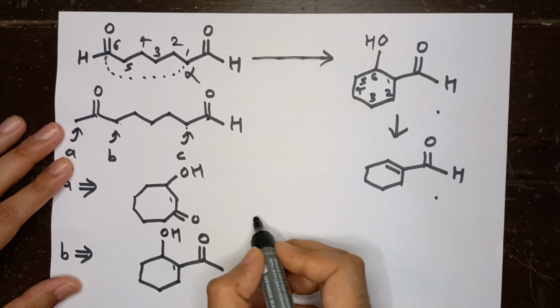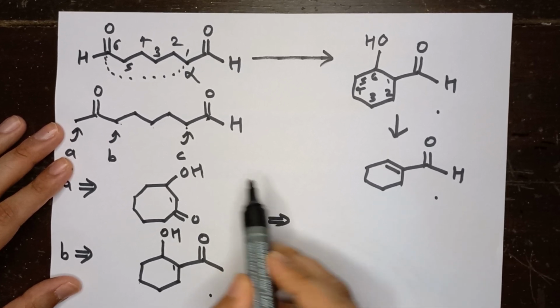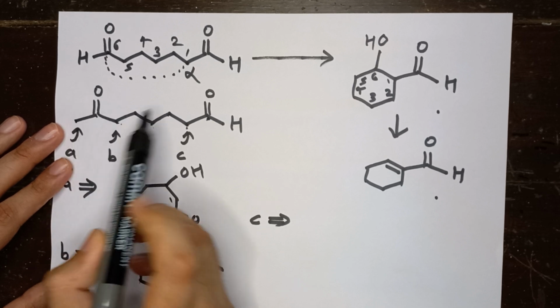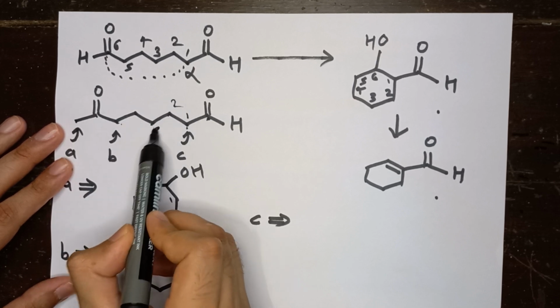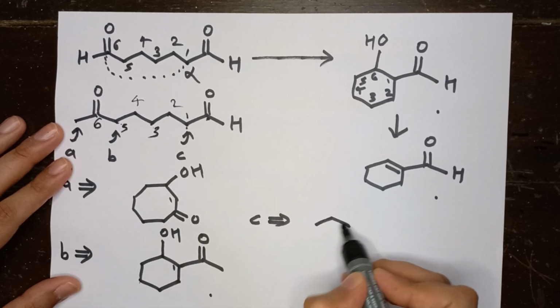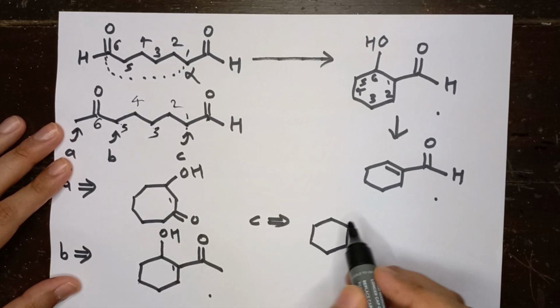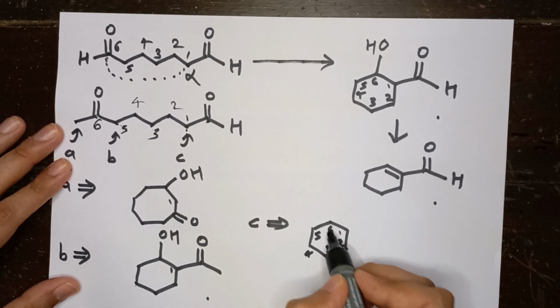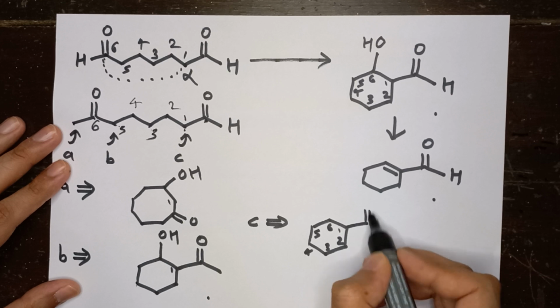Now let's connect from C. So this carbon will attack this carbonyl and convert it into OH. So this is 1, 2, 3, 4, 5 and 6, a 6-membered ring. Let's call it 1, 2, 3, 4, 5 and 6. At 1 we have an aldehyde.